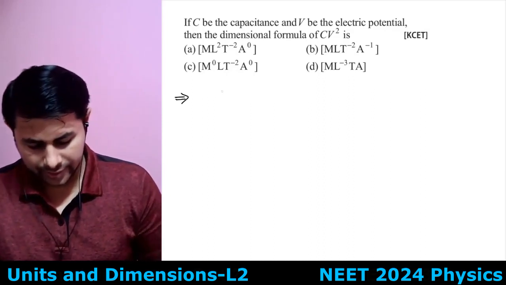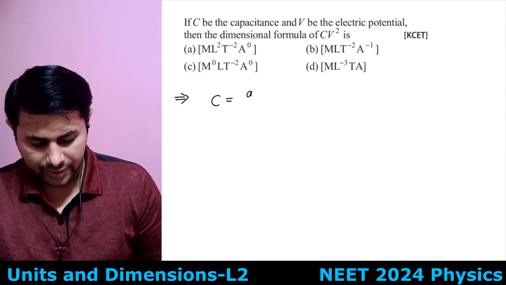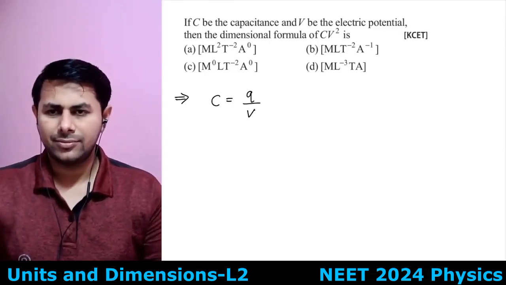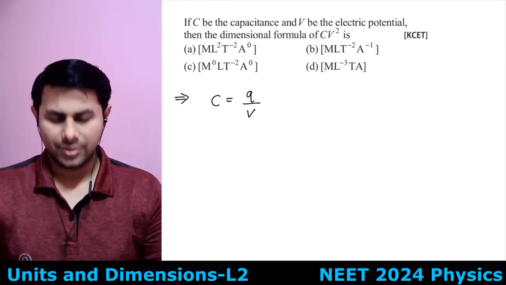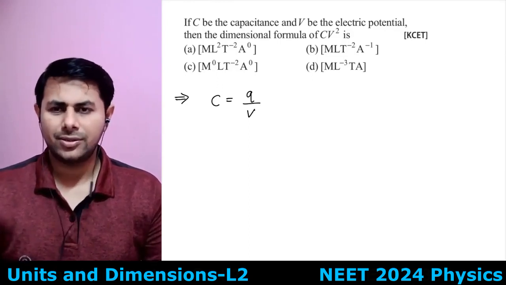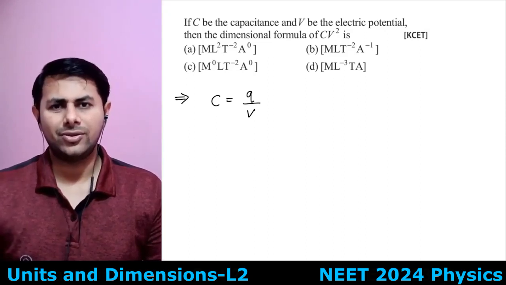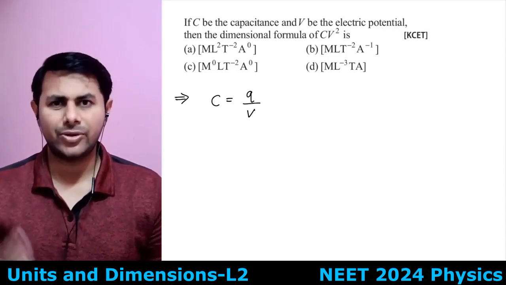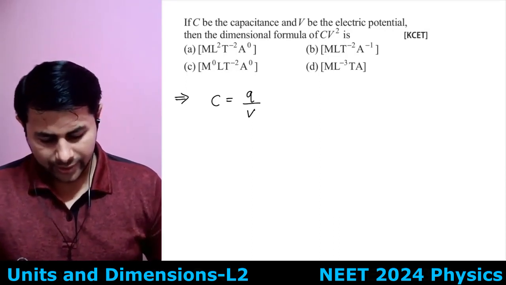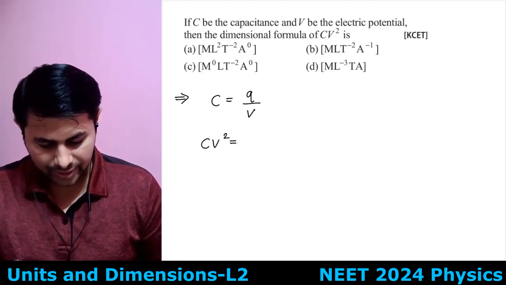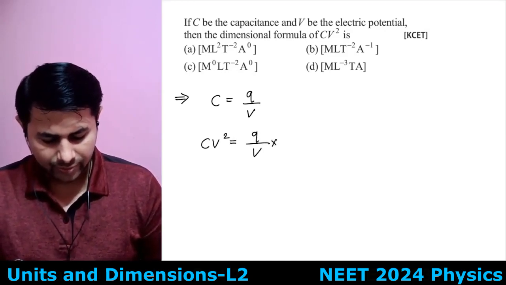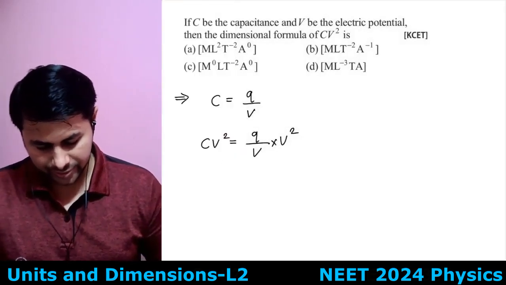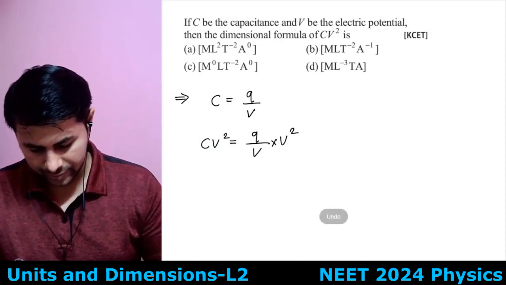Capacitance is defined as charge per unit potential. Capacitance of a capacitor is charge stored on the capacitor divided by potential difference. So CV square is equal to Q upon V multiplied by V square. So one of the V gets cancelled out, right?